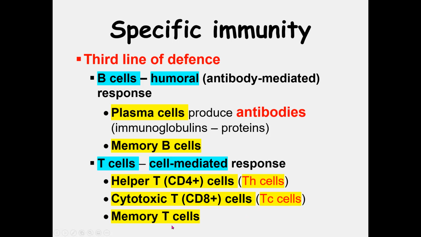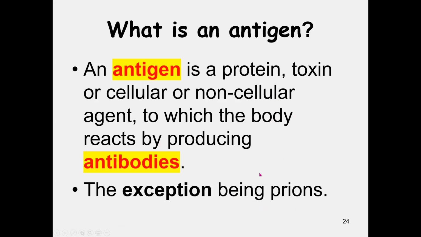And then we'll also have memory T cells. Okay, this is where it gets a bit complicated. The B cells and T cells work together. Sometimes the B cells and the T cells actually need each other, and you'll see.